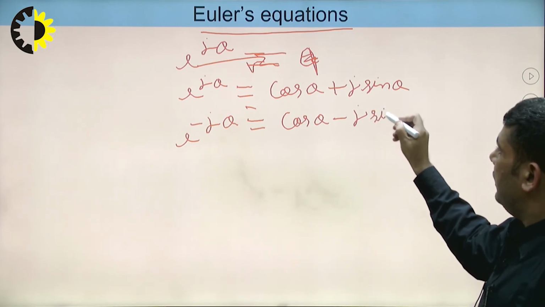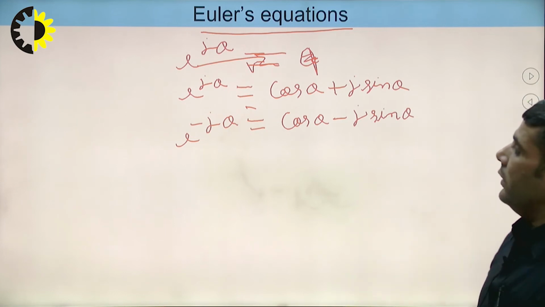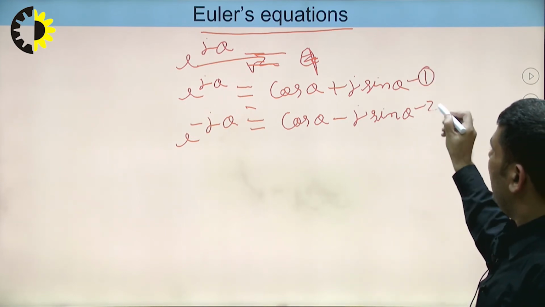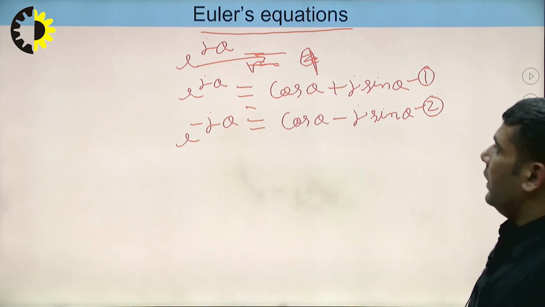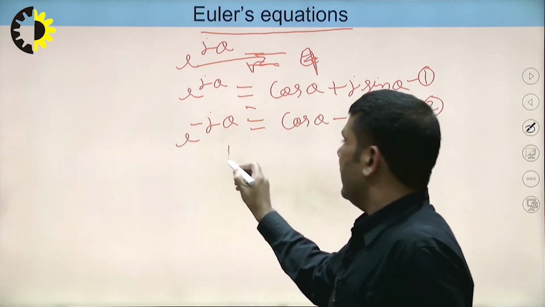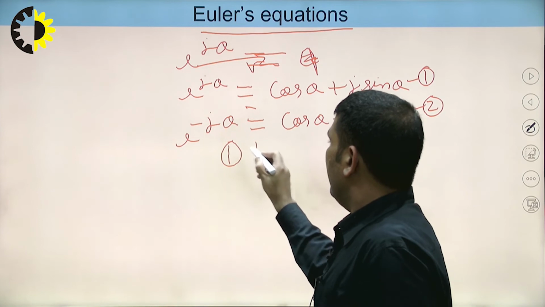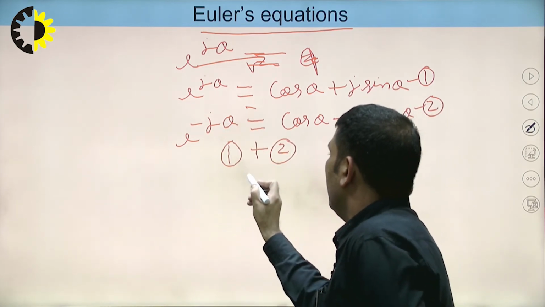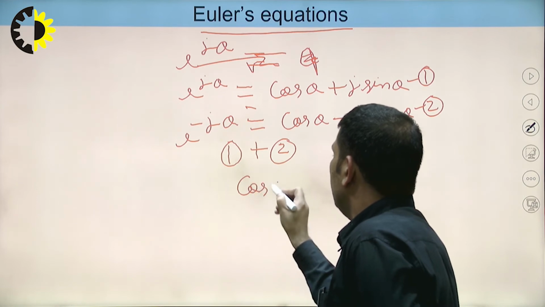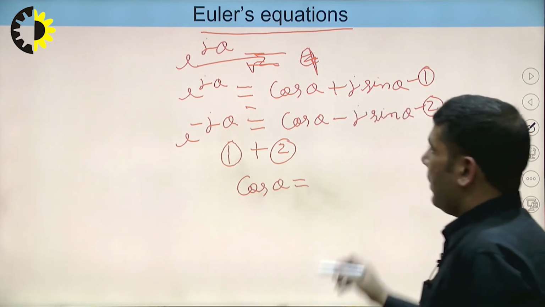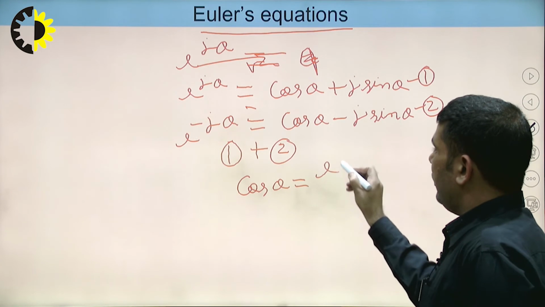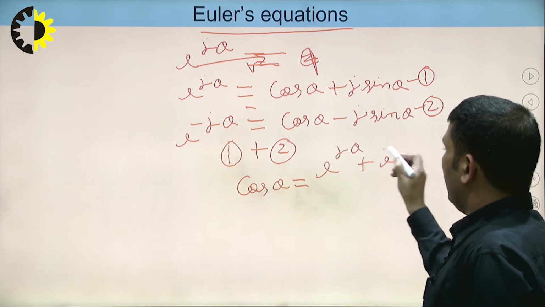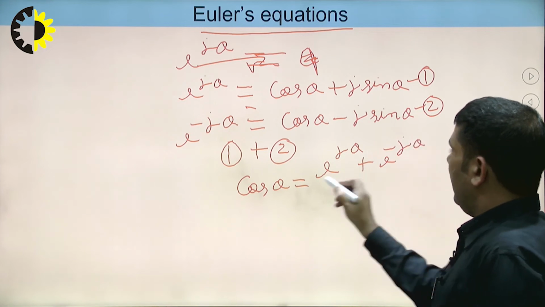Minus j sin theta. Suppose this is equation number 1, this is equation number 2. If you add first and second, you will get cos theta is equal to e raised to power j theta plus e raised to power minus j theta upon 2.